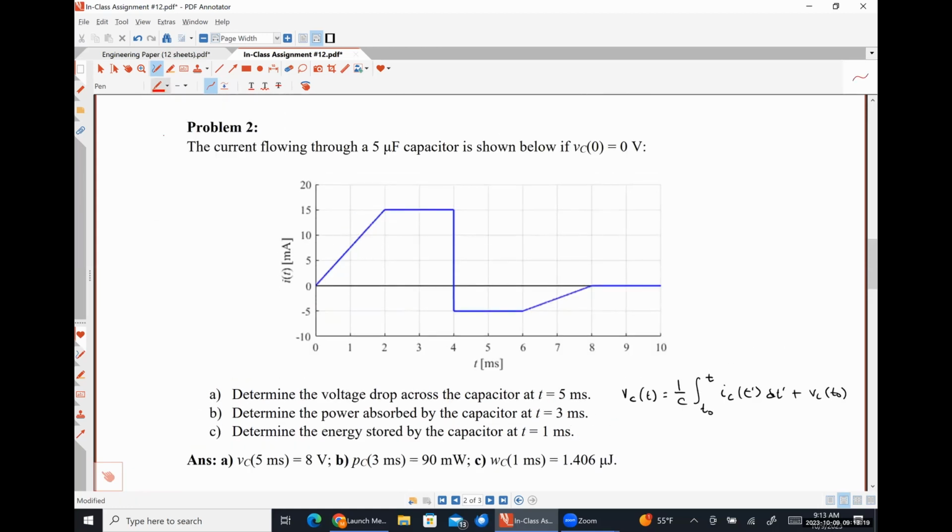So I'm going to put a dashed red line right here at t equal to 5 milliseconds. We were also told VC at t equals 0. So the integral from 0 to t in this case would include all of this area. So how am I going to determine all of that area?